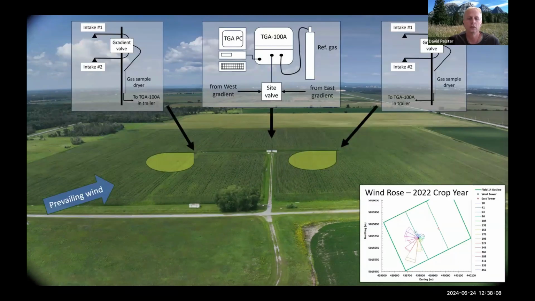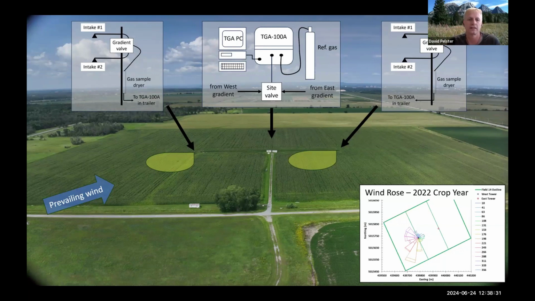So we have two towers set up, and it's a pretty complicated system. I still don't fully understand it, but essentially it's using the flux gradient method. You have 2 different heights where you're measuring the concentration.